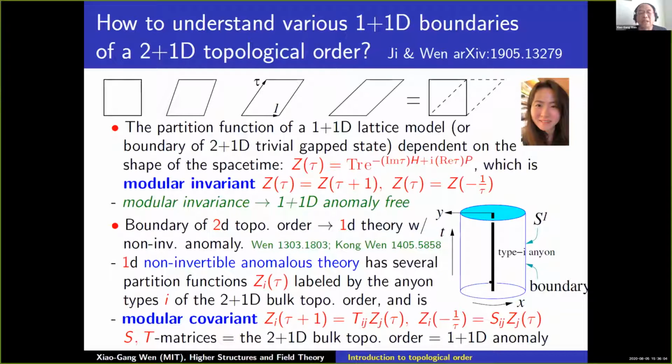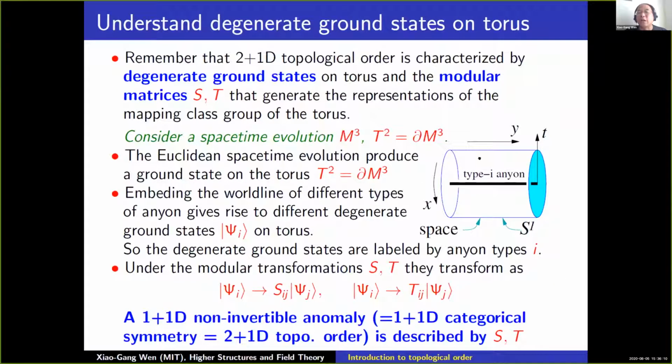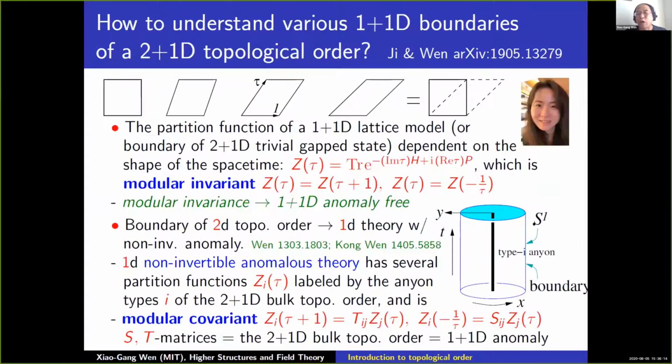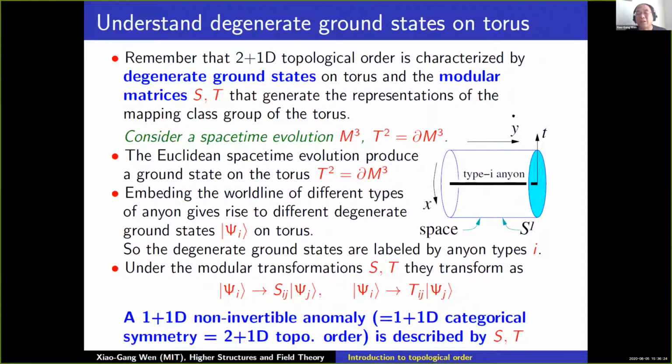And so this multi-component partition function is very similar to the degenerate ground states. You know, this graph and this graph are the same. It's just rotated. We just rename y as t or rename t as y. It's just renaming these two labels. In Euclidean space, you call it t or call it y, it doesn't matter.